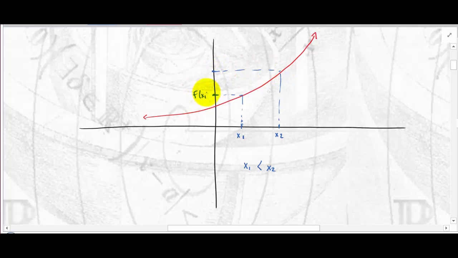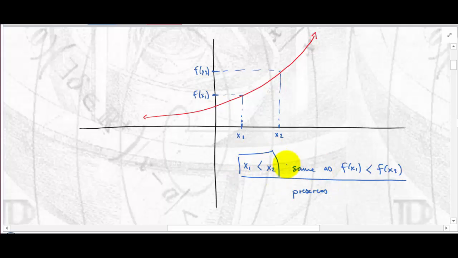And what do we see? We see that the order in the output is the same as the order in the input: f of x1 is smaller than f of x2. And this is actually the characteristic of an increasing function. We say that an increasing function preserves the order, okay? The order of the input is preserved in the output.